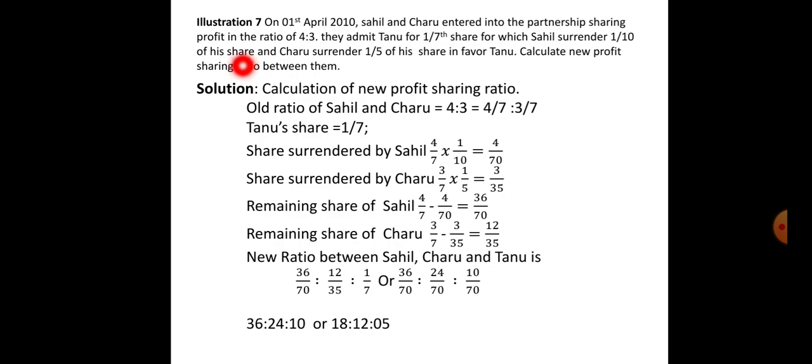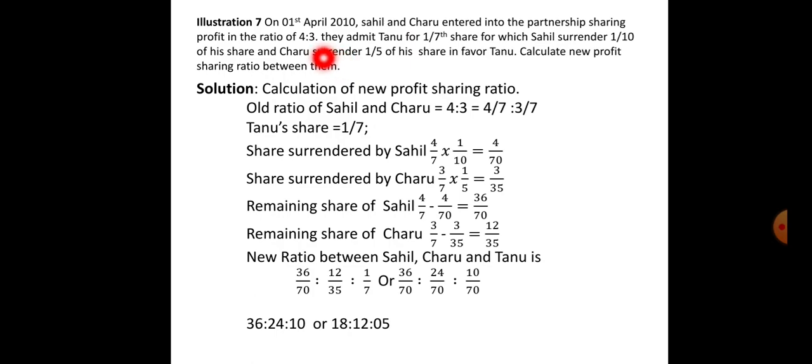Now acquire is what is not given to you, you are given surrender. साहिल ने सरेंडर करा 1/10 ऑफ हिज शेयर, उसका शेयर 4/7, be careful about the language, 1/10 of his share, it means Sahil surrenders 4/70.